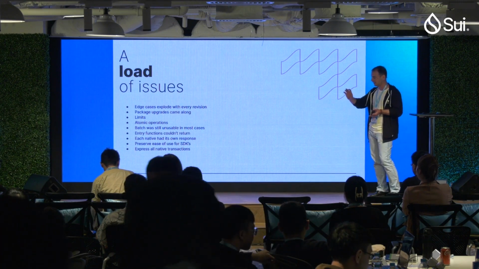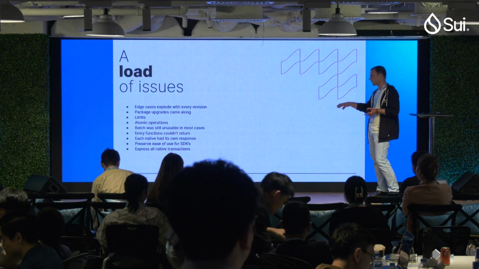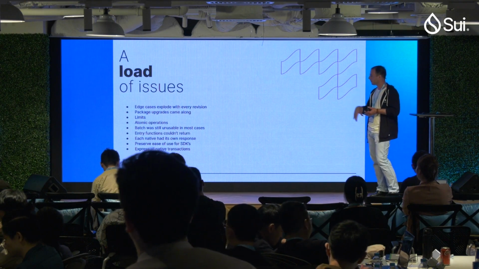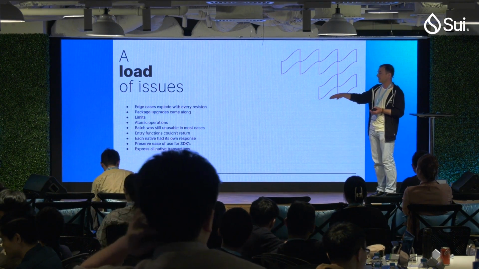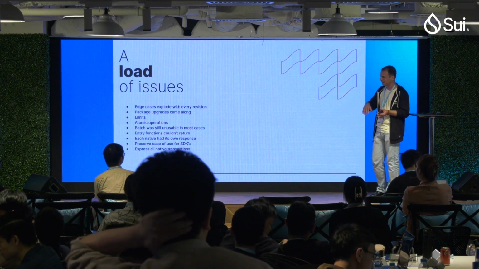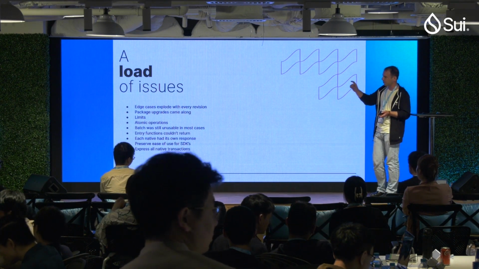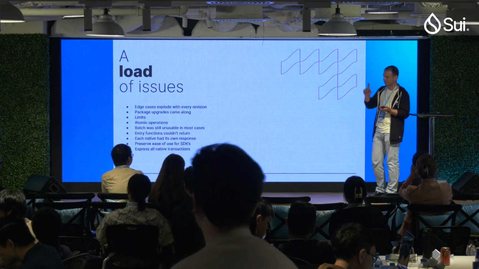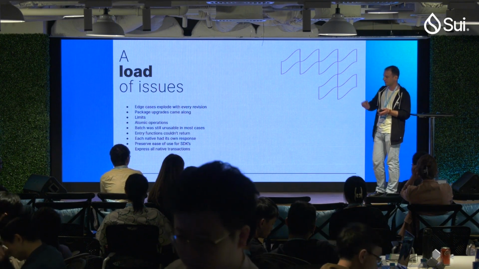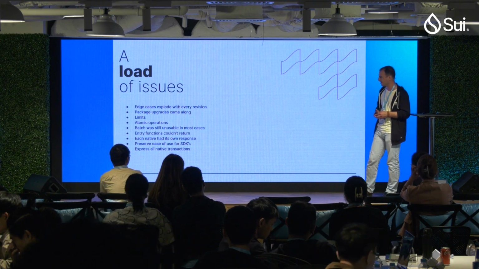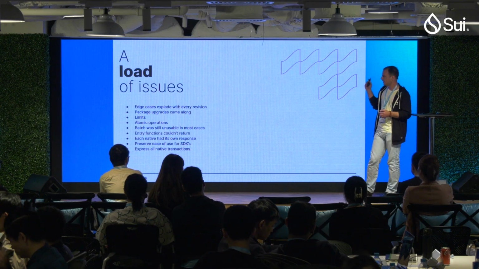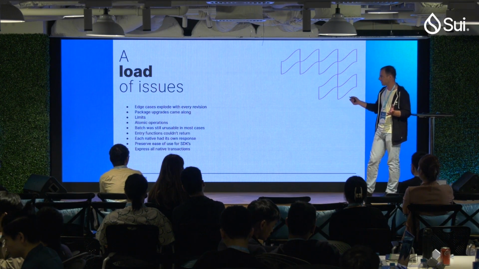The limits: every native function had its own limit. Batching is still not possible today, because with the batch endpoint we have, you can't have the same object in two different transactions, and that's not efficient at all. And entry functions in Move couldn't return values.